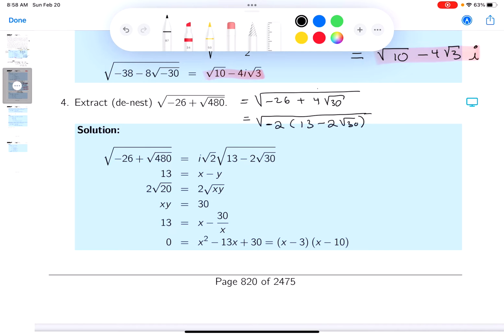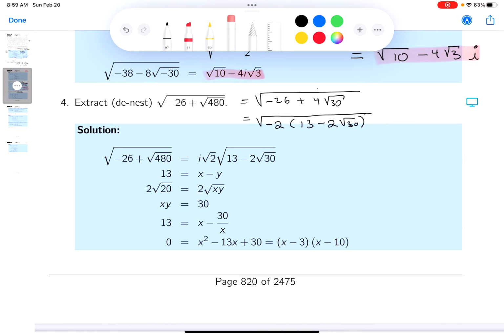So someone says, what do you need to be careful about? The square root of 30, well, it's between 5 and 6. I hope that's obvious. So now I know 13 minus 2 times the root of 30 is definitely a positive number, all right? Because even if I went closer to 6, it's still not going to be negative. So I'm okay with that. I know it's positive then.